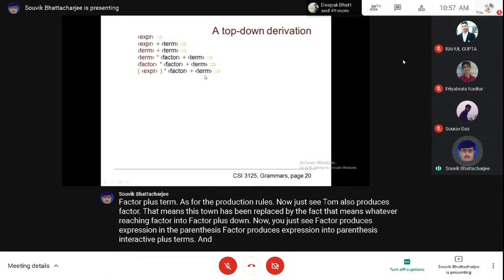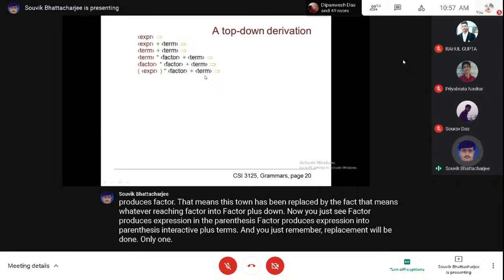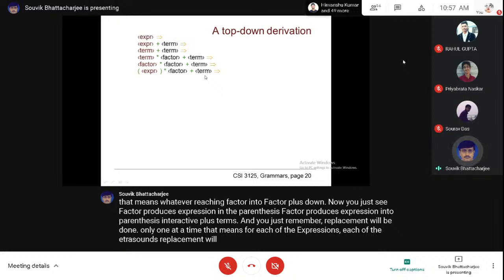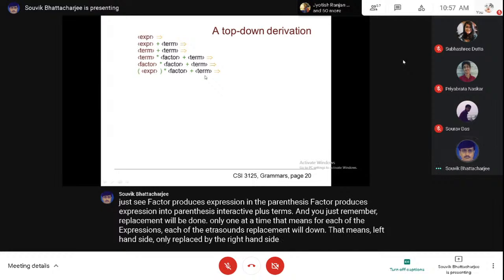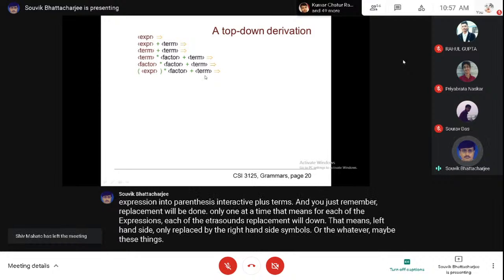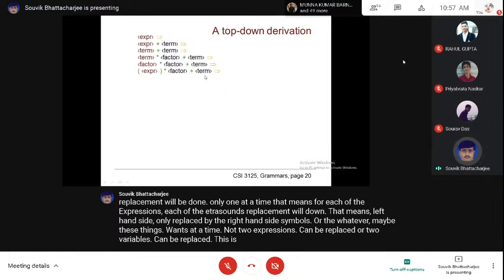And remember, replacement will be done only one at a time. That means in each iteration, the left hand side will be replaced by the right hand side symbols once at a time. Two expressions or two variables cannot be replaced at once. This is not supported.